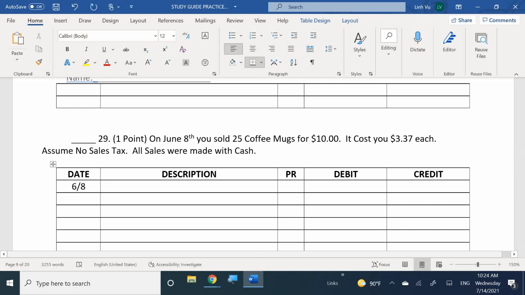Sales and cash. Does sales go first or does cash go first? Cash goes first because we're increasing our asset, right? Sales goes second as a credit because we're increasing our sales, which is a revenue, normally increased with a credit. So in this case, what is my total cash sales?